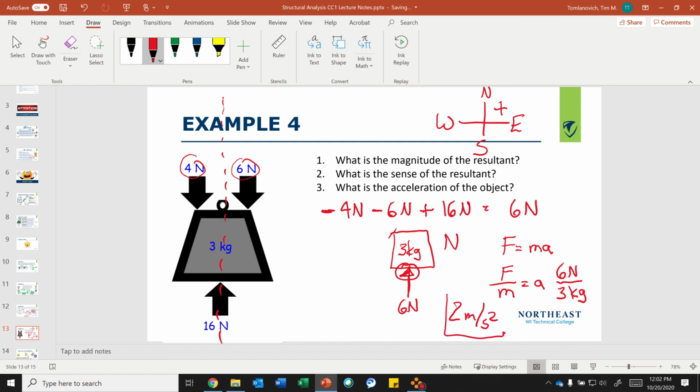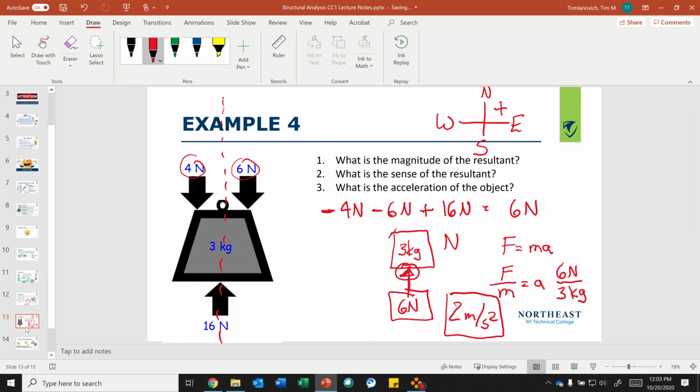We only use gravity if we're talking about gravity, but because this thing is moving with a force to the north and it has a mass, we can back calculate the acceleration. I apologize for that. So the magnitude of the resultant is 6 newtons, the sense is north, and the acceleration is 2 meters per second squared.